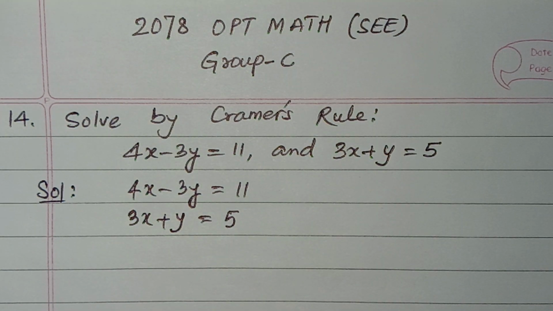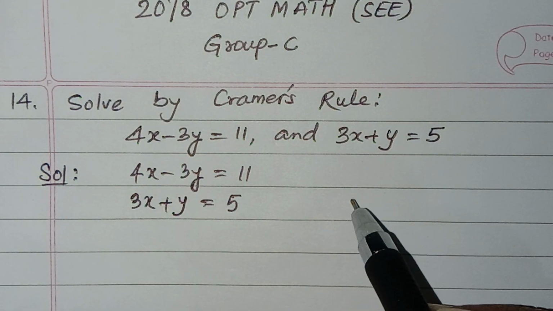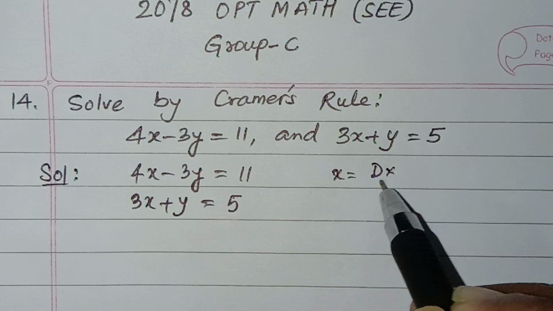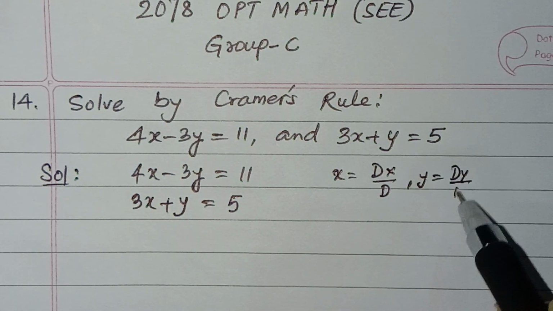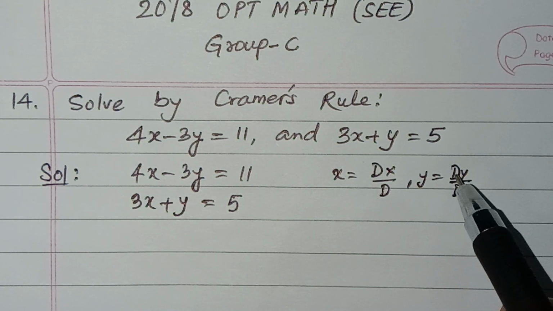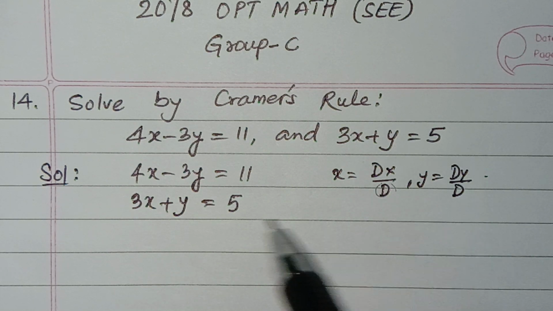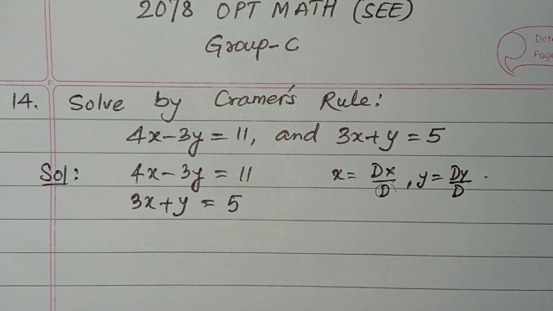Now we have the solution: x equal to dx by d and y equal to dy by d. So dx means the determinant of x, and dy means the determinant of y, and d is the determinant of this equation, the main determinant.